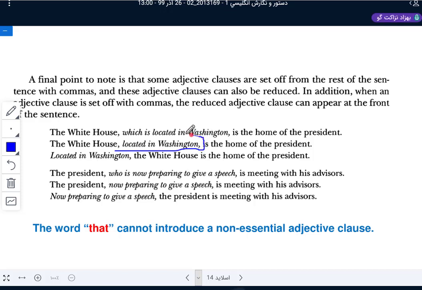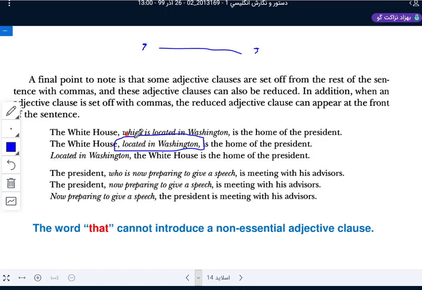And this is non-essential. Non-essential adjectival clauses come within two commas, because any intervening element which is non-essential comes between two commas. We know that the White House is the home of the President of the United States.